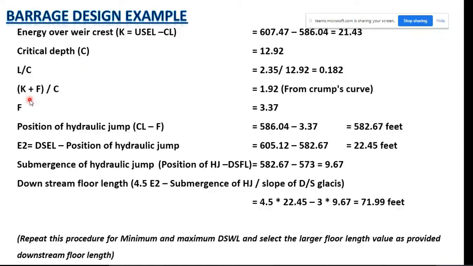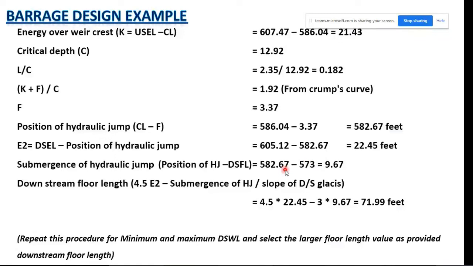F value is calculated by rearranging this, and the position of the hydraulic jump is 3.37 feet lower than the crest level for the undersluice portion. Similarly, E2 is the specific energy at the beginning of the hydraulic jump, submerged, the difference of downstream floor level and the position of hydraulic jump.